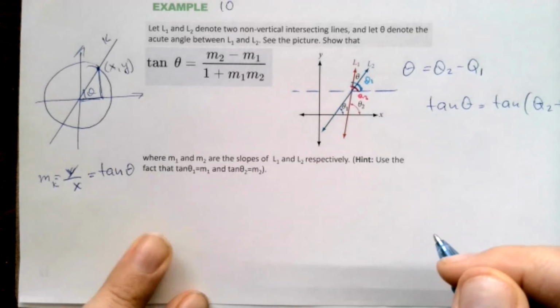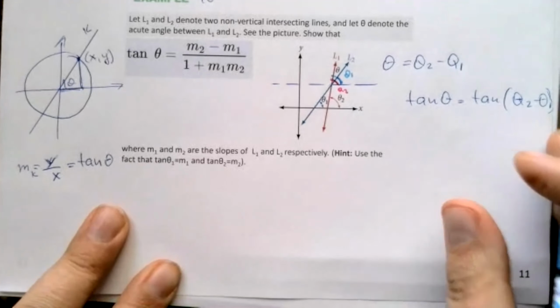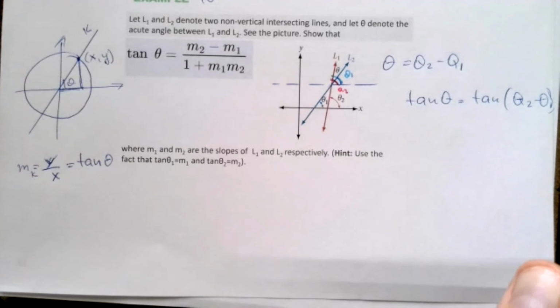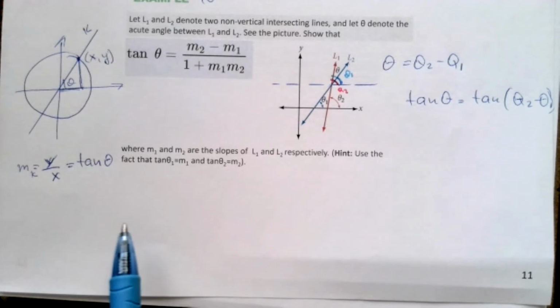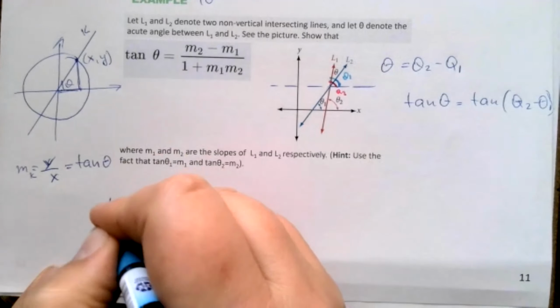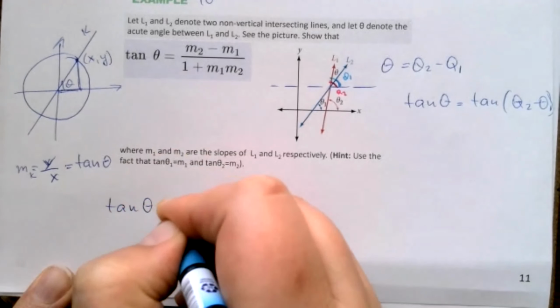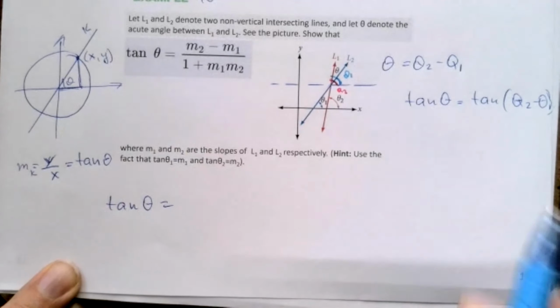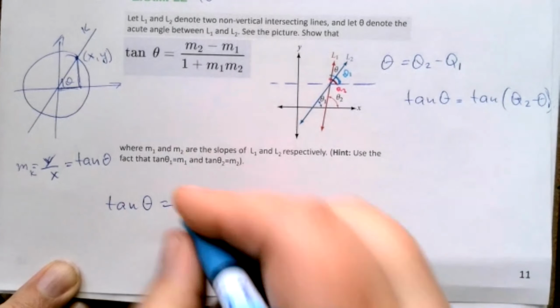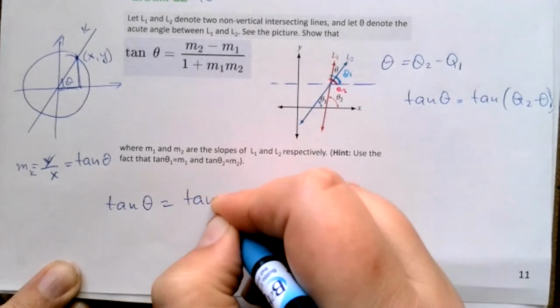All right, and let's actually continue here. So tangent theta is tangent of theta 2 minus theta 1.